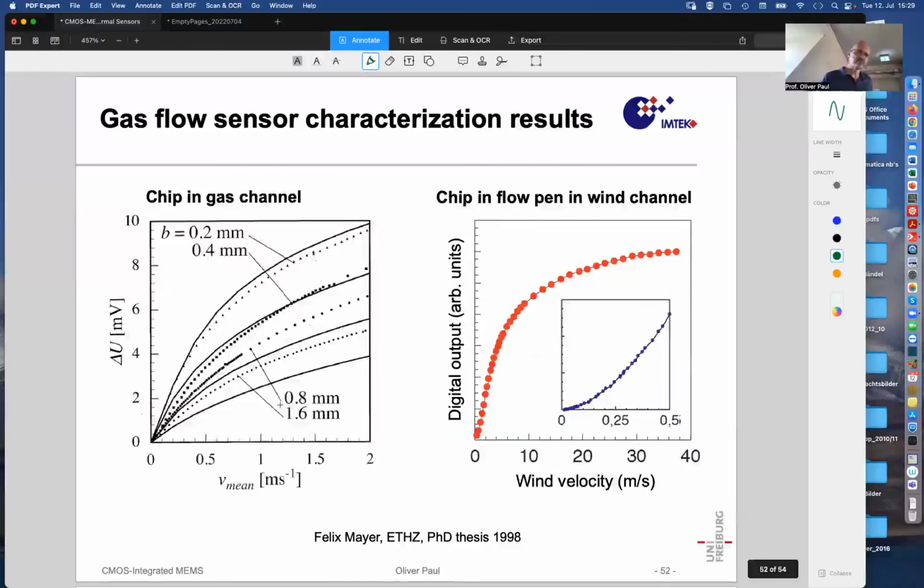And Felix Meyer, of course, was very serious, and he measured these structures in tubes of various dimensions, just to see how the dimension would influence the sensitivity of the sensor. It's quite apparent that the smaller the diameter of the flow channel, the more sensitive the structure is.